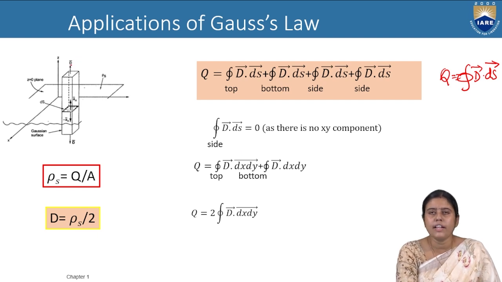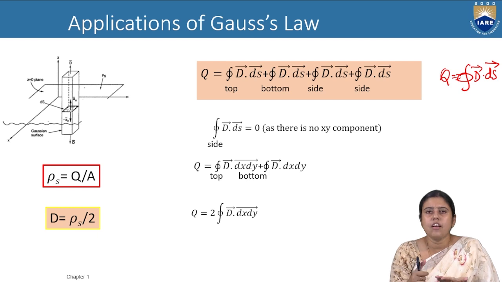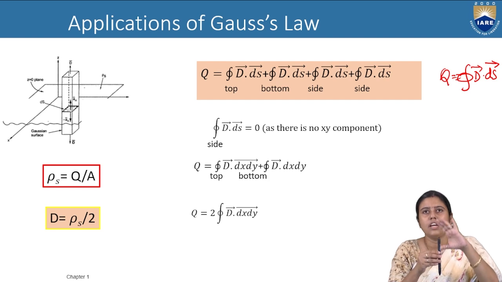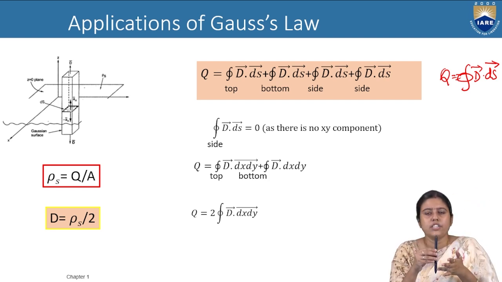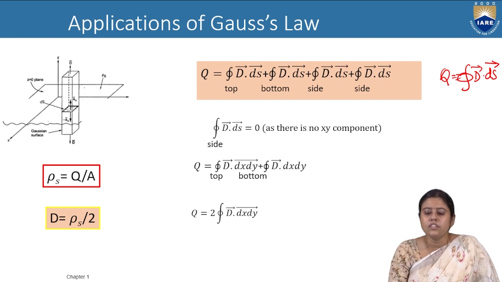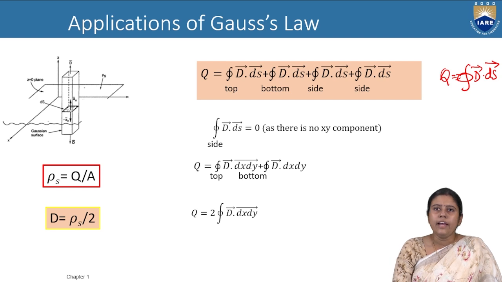As I told you, the general tendency of the flux density is normal. If this is the xy plane, normal means it has only z direction. Z direction means it has direction on the top and in the bottom. There is no side component. So on the sides, D dot ds for both pairs is 0, as we don't have any side component.